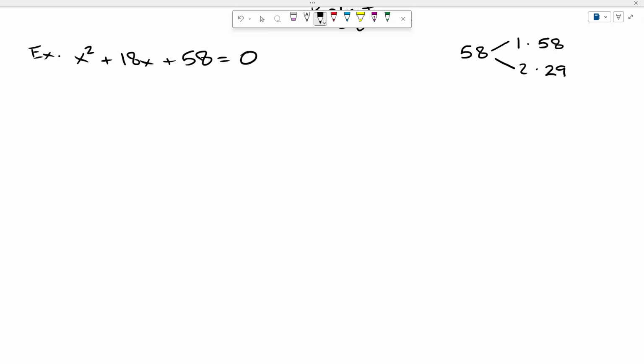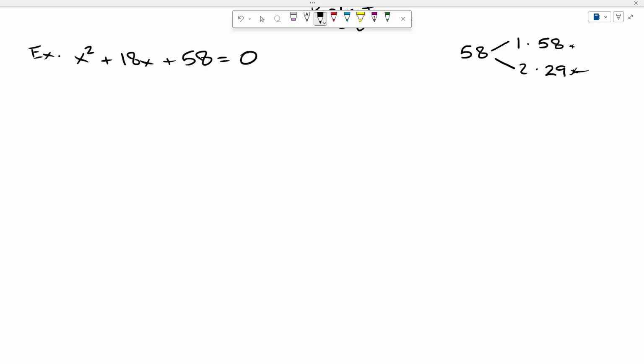But the problem is that's it. And neither of those get us anywhere close to adding up to 18. So factoring is not going to work. And we're not in a position to use the square root property. So let's do completing the square.